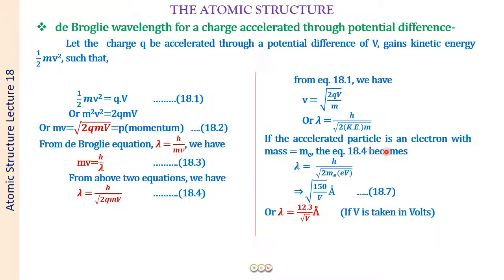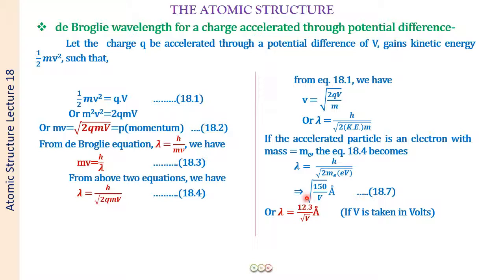Now, if the accelerated particle is an electron with the mass me, then we can substitute certain values in the equation 18.4. We will get lambda to be h over under root of 2 m e e V. Here m is becoming the mass of electron. The Q, the charge, is the charge on the electron, so we are denoting it as e, and V is the potential difference, right? So you know the value of h, you know the value of the mass of electron, you know the value of charge of electron.